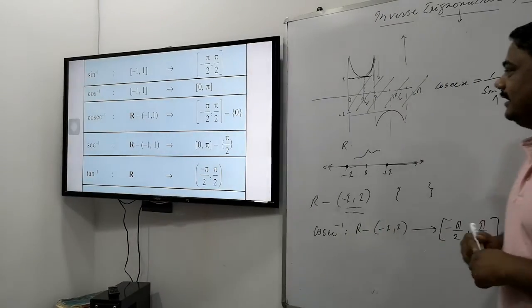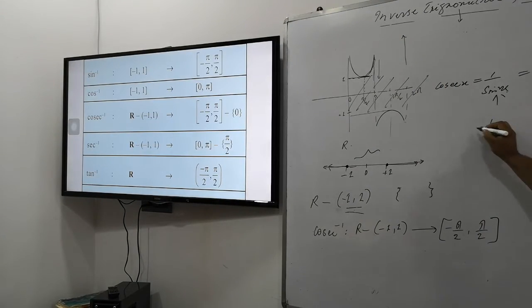Is that clear or not? In the same manner, the sec function, sec x is 1 by cos x. It does not work for pi by 2, so the range is 0 to pi, and minus pi by 2 is also not to be taken here. Why? Because the sec function becomes undefined for that.